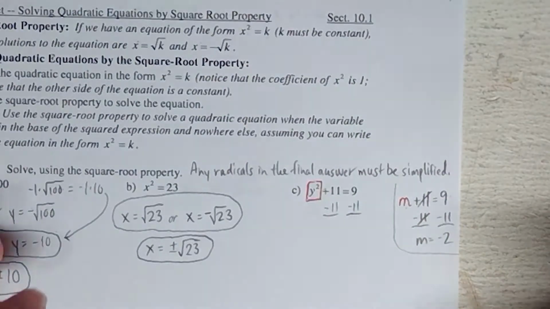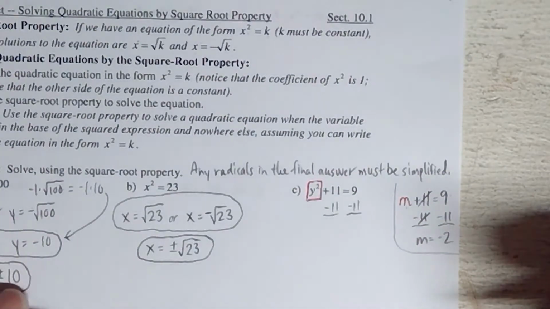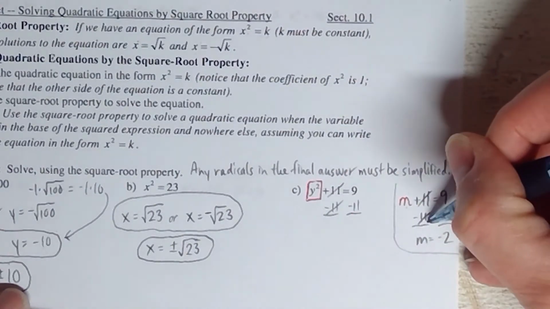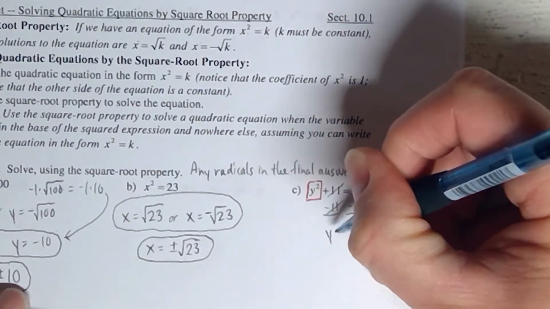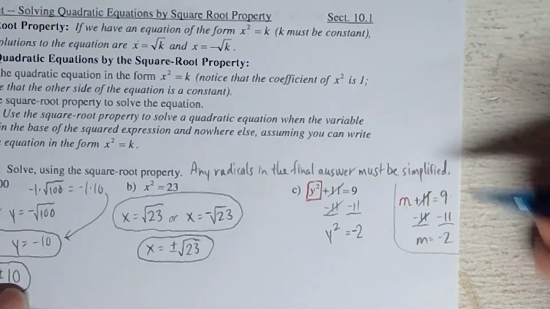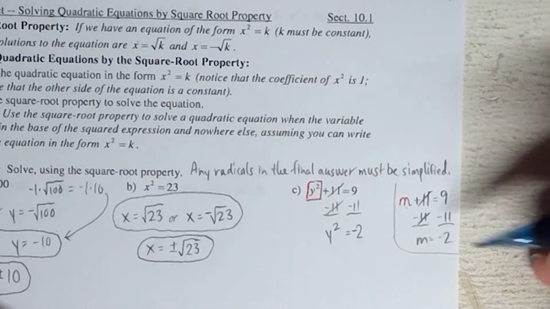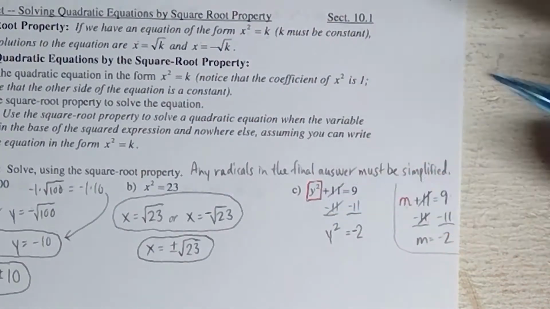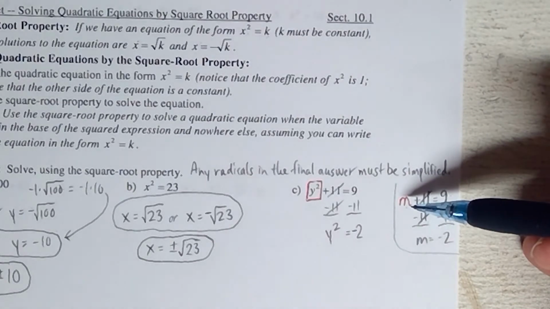It's a perfectly valid method. The 11s cancel just like they did over here, and so we end up with y squared by itself equal to negative 2, just like we had m by itself equal to negative 2. So the y squared behaves like a normal variable would.